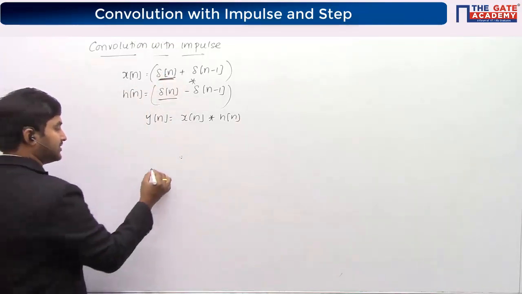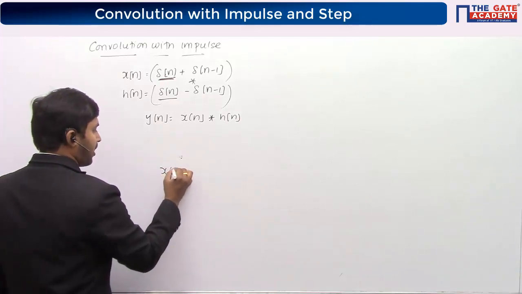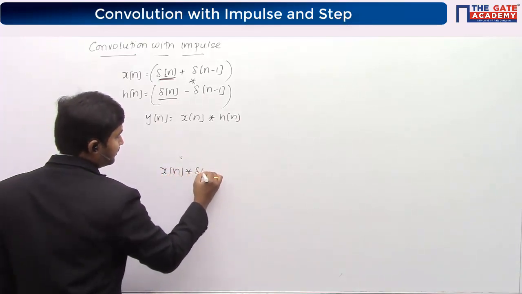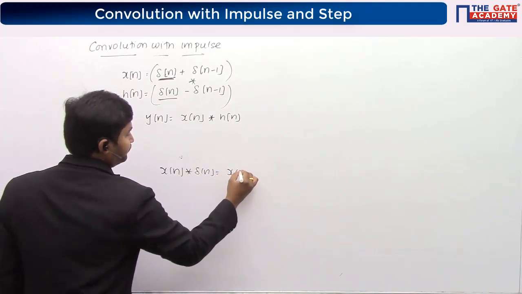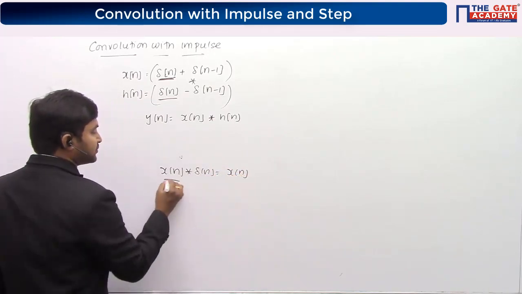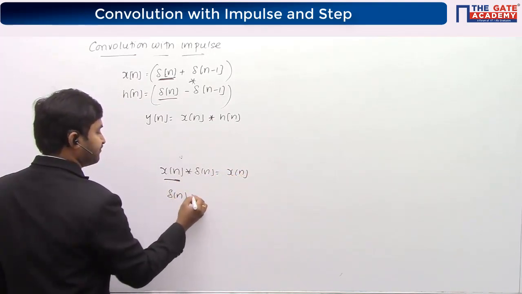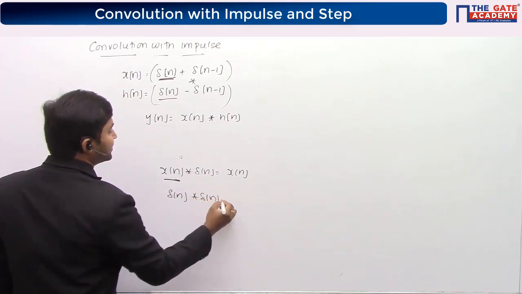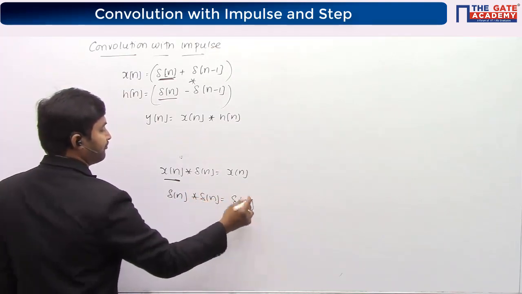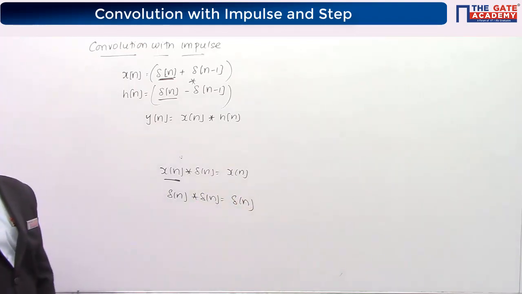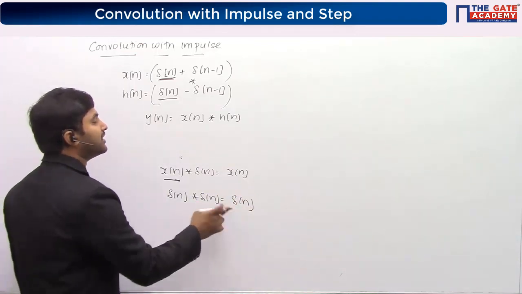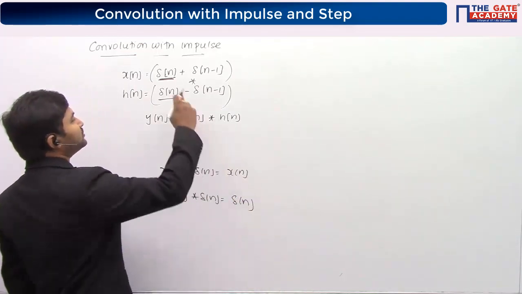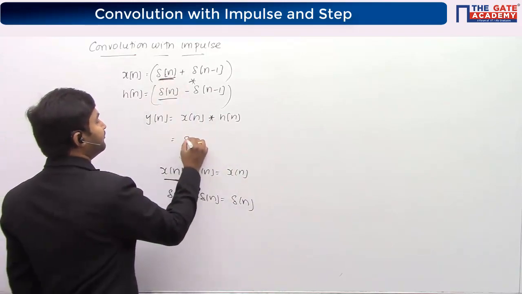We know x of n convolved with del of n is x of n. So if x of n is del of n, then the output is also del of n, right? So del of n convolved with del of n is going to be del of n only.